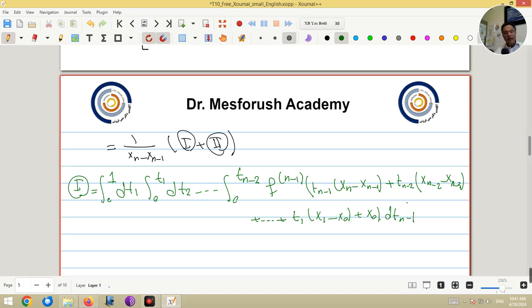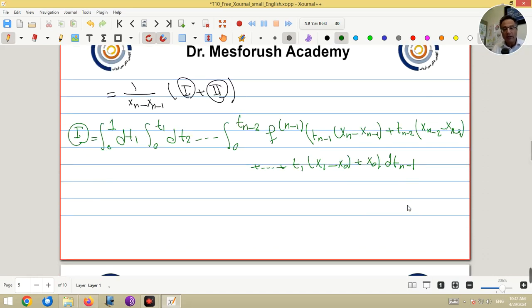And by the assumption of induction, this is equal to f of x0 to xn minus 2 and xn. This is true by the assumption of induction.